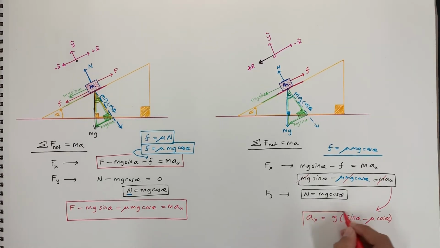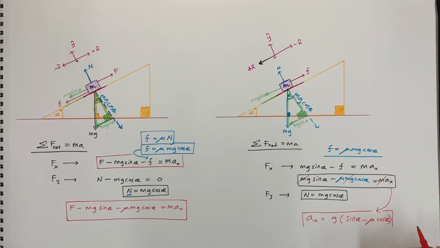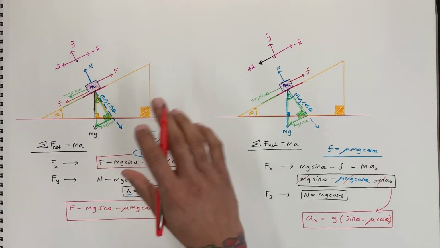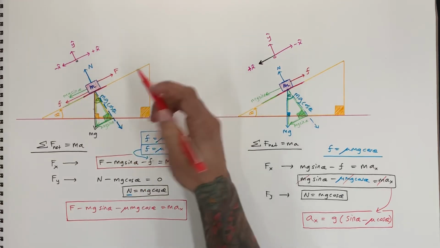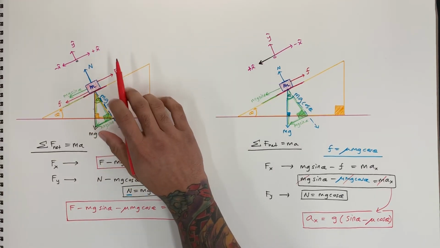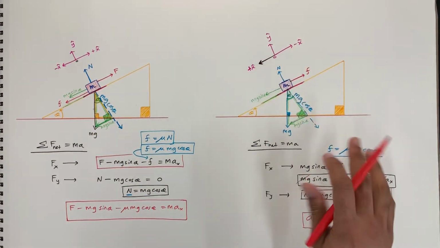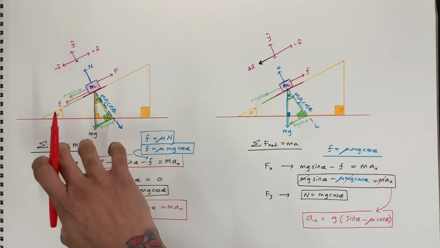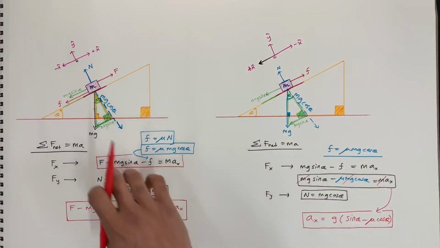Okay, we could use this and other equations I'm going to show in further examples. Okay, so that's how we deal with the sliding box on a ramp, upward and downward. And these are the different setups we need to understand.